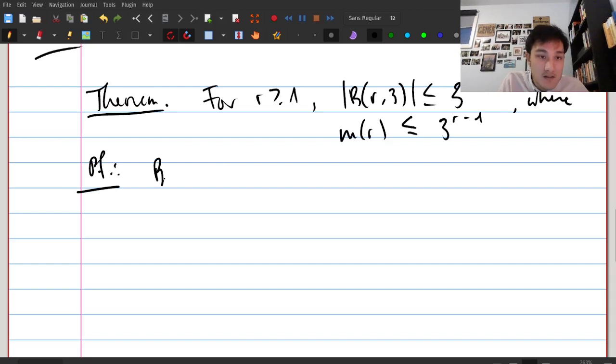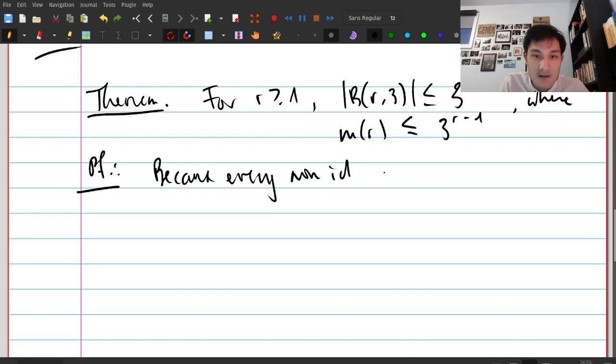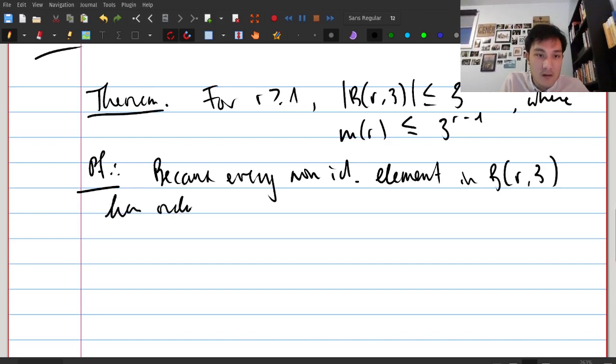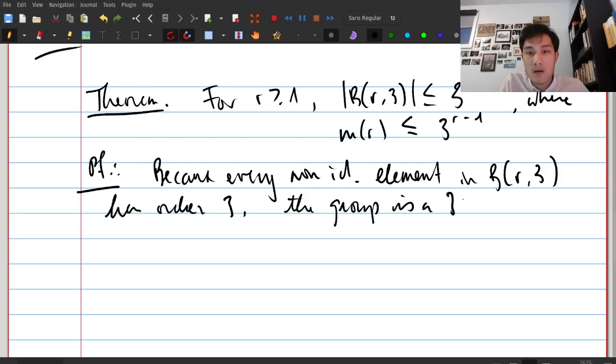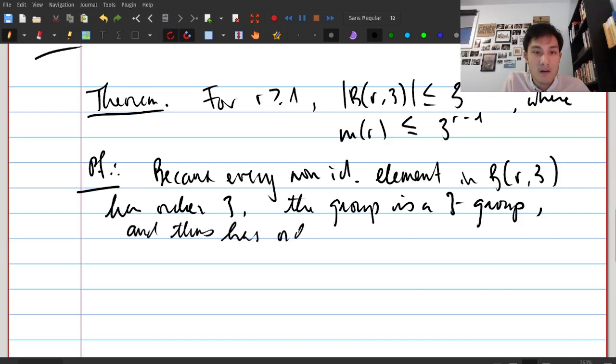Because every non-identity element in B(r,3) has order 3, the group is a 3-group, and thus has order a power of 3.